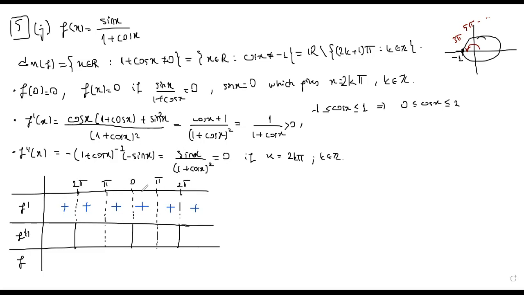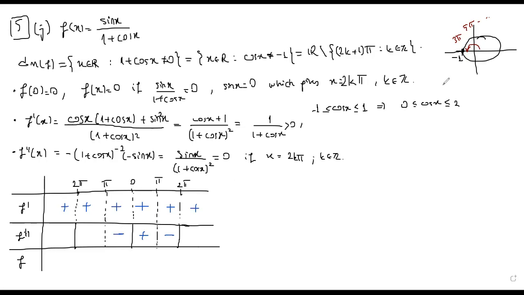Sine x is positive between 0 and pi, so it will be positive. So only sine x changes the sign of f double prime. Between pi and 2 pi, sine x is negative, so we have negative there, right?